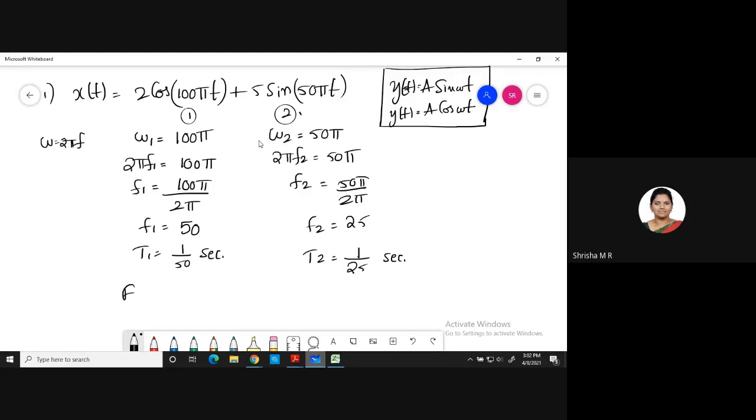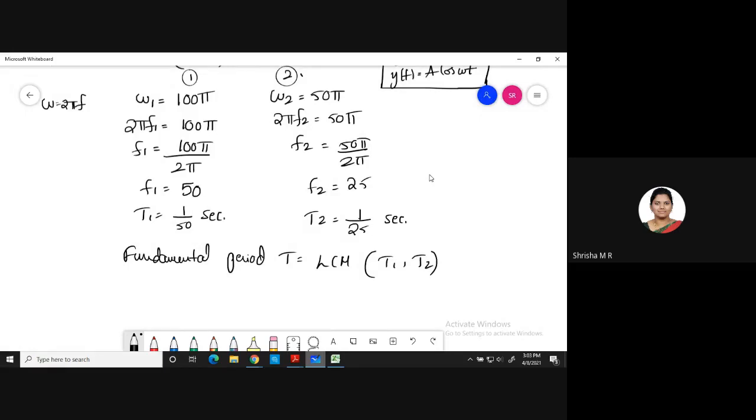So the fundamental period T is nothing but the LCM of T1 and T2, or you can also take T1 and T2 in fraction form. What is T1? You have 1 by 50, whereas T2 you have 1 by 25.